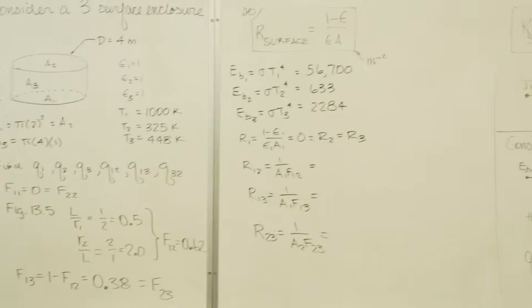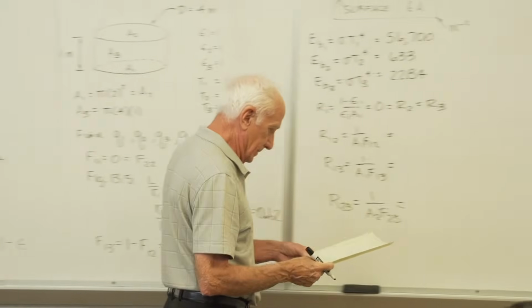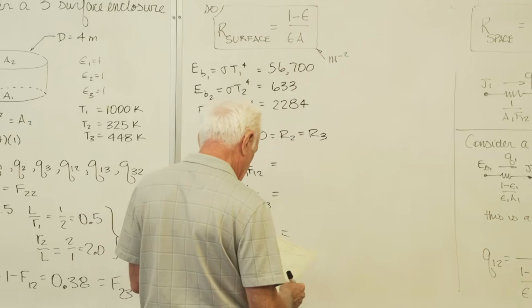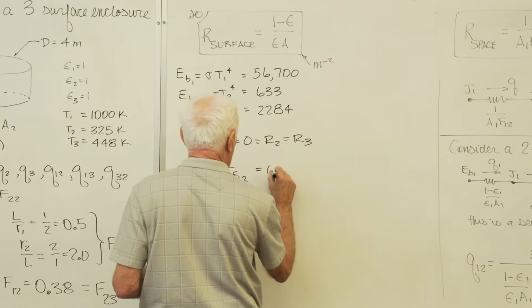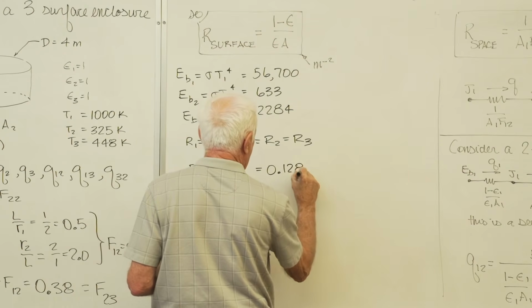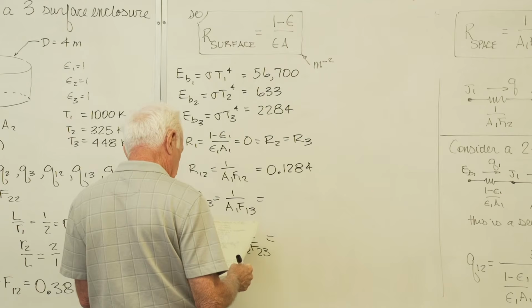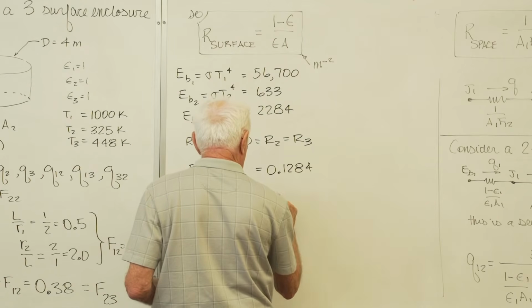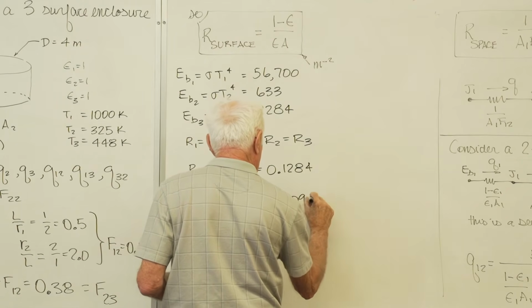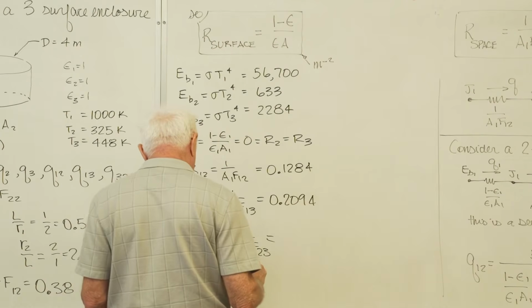Okay, find all the resistances. R12, 1284. R13, 2094. R23, the same.